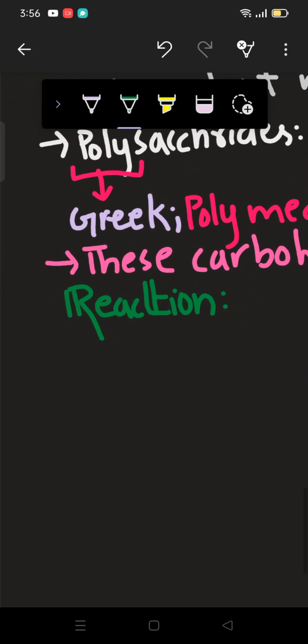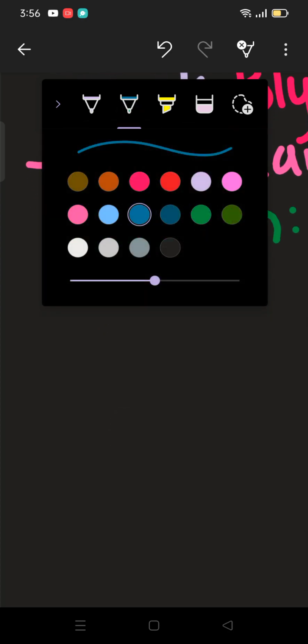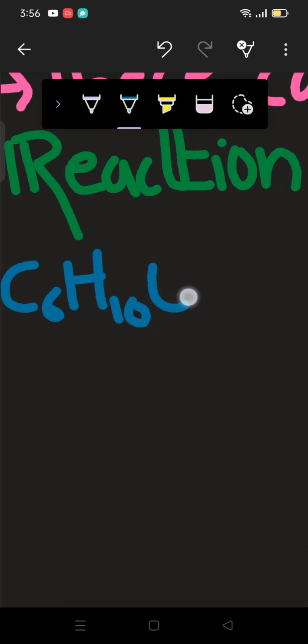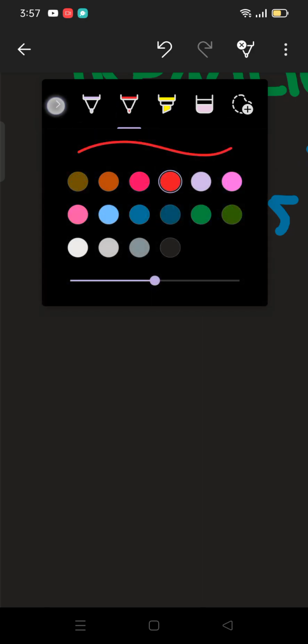What's the reaction? Initially I'm going to write the reactants. What are the reactants in this case? Let me write it down: (C6H10O5)n, cellulose or starch.